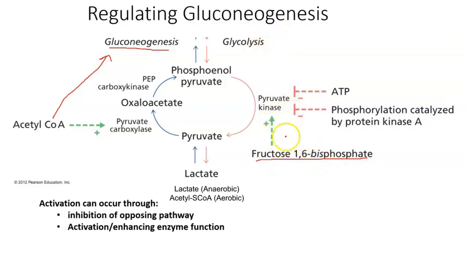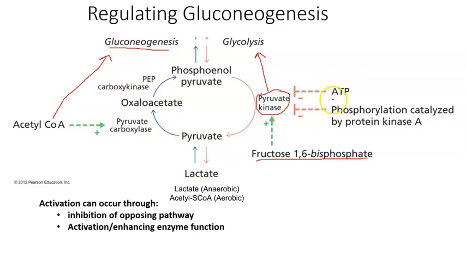So if we activate the pyruvate kinase, we're going to activate glycolysis as well. So again, if we have reactants in that glycolysis pathway, we're going to activate one pathway, versus if we have products of the glycolysis pathway, we might want to activate the reverse reaction.